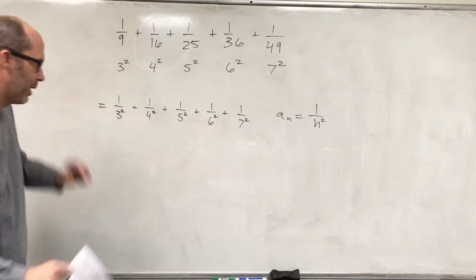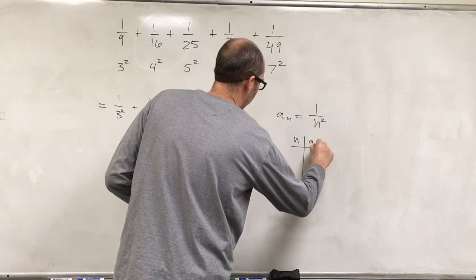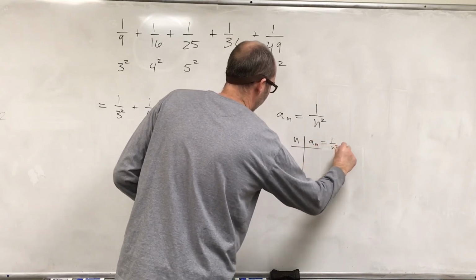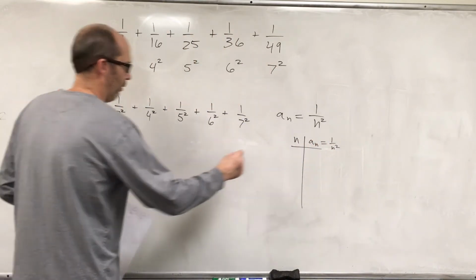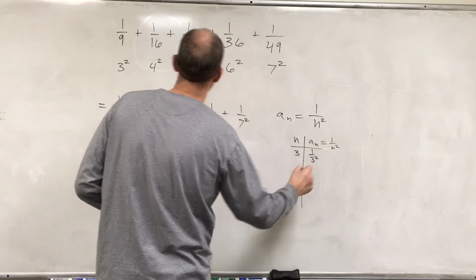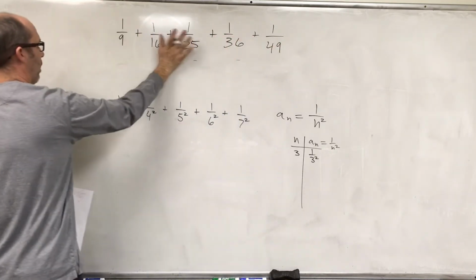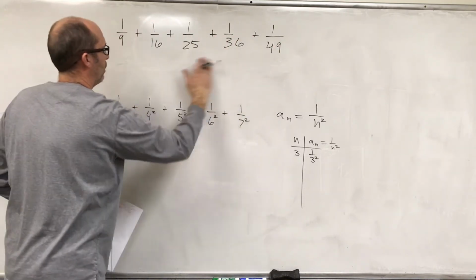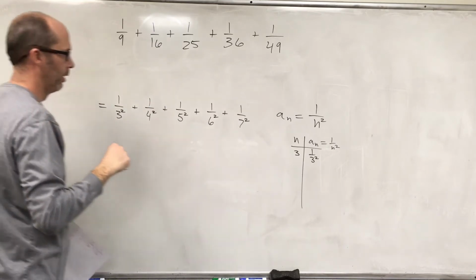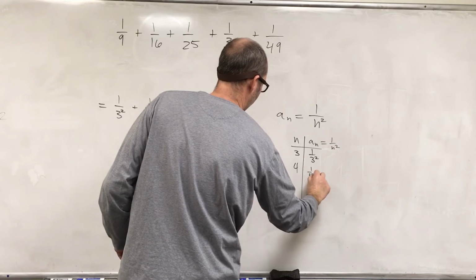Right, now just think to yourself, does that work, right? You could even make a table. AN is 1 over n squared. Let's see, if n is 3, then this is 1 over 3 squared, which is 1/9. Right, so that works there. 4, that's 1 over 4 squared.